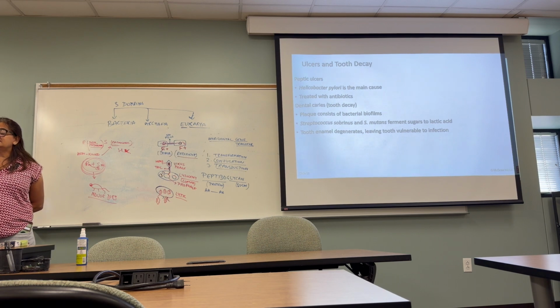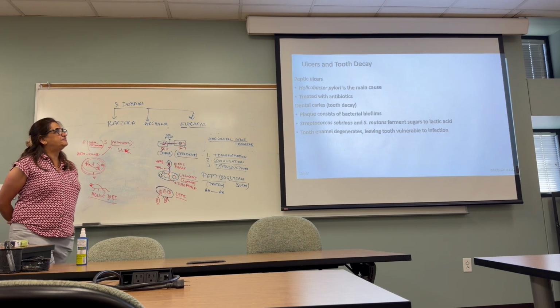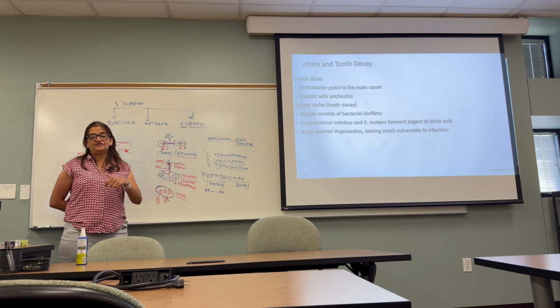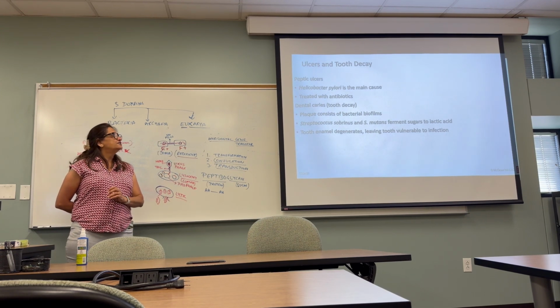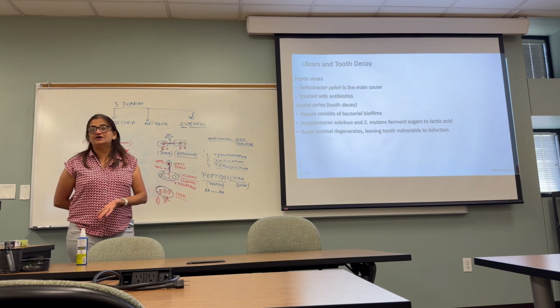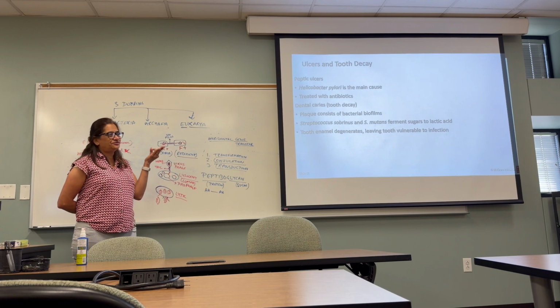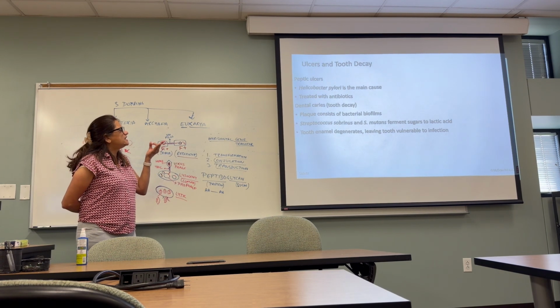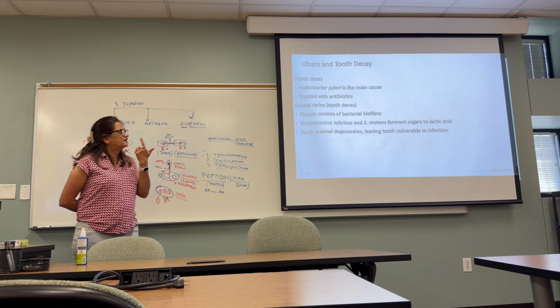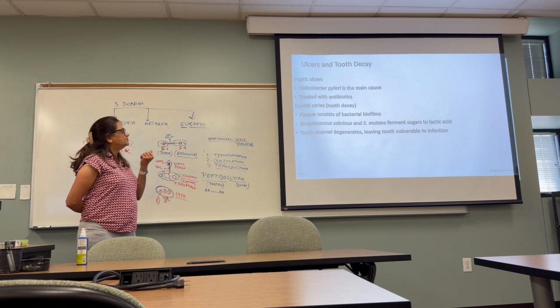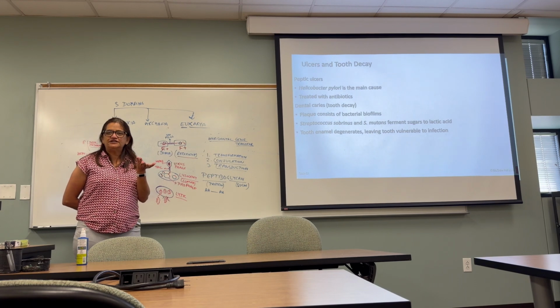Then you have diseases like peptic ulcers. These diseases are generated by Helicobacter pylori, which is found in such an acidic environment inside our stomach, so it is very resistant to the acid that is produced by the stomach. And that's why you have those ulcers. Then dental caries is like the plaque, dental plaque, which is like a bacterial biofilm, that ends up causing tooth decay.